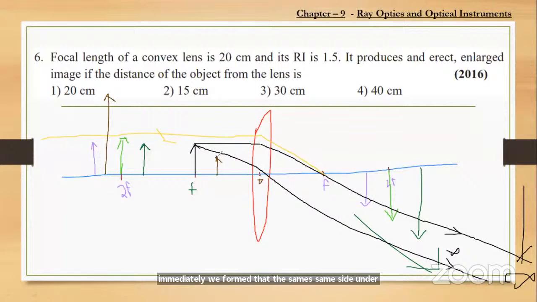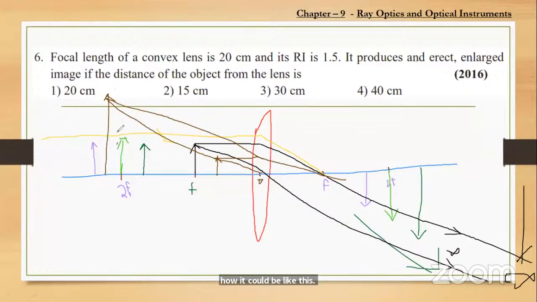Here the parallel line goes like this and passes through the principal focus. If you retrace that, you'll observe that the image will be formed here on the same side. It is a virtual image and an erect image, while all real images are inverted.